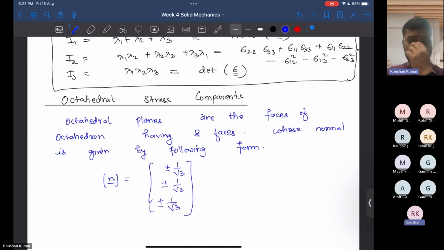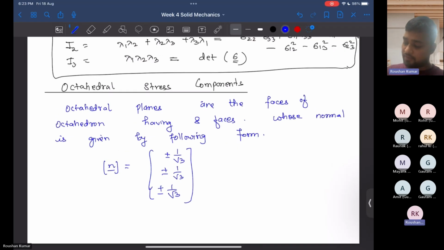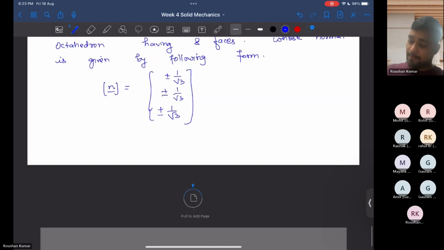So it has 8 octahedral planes, and each octahedral plane corresponds to one normal. The normal is given by this equation.